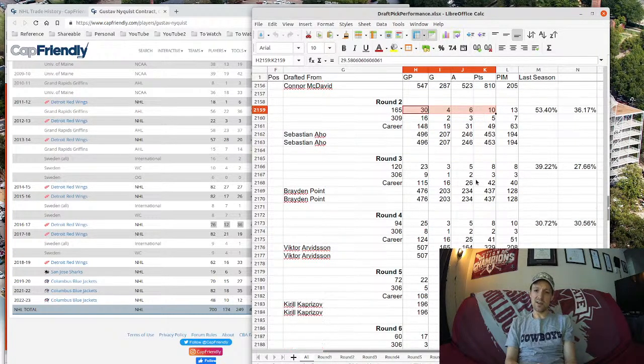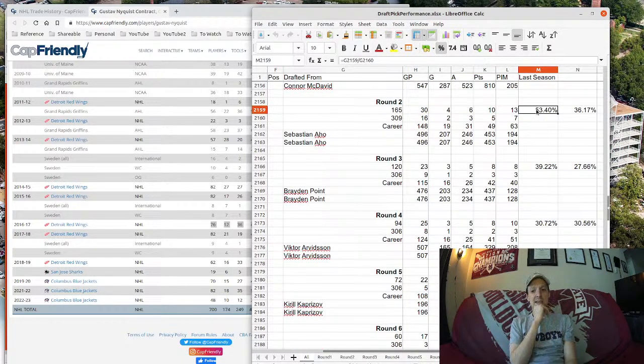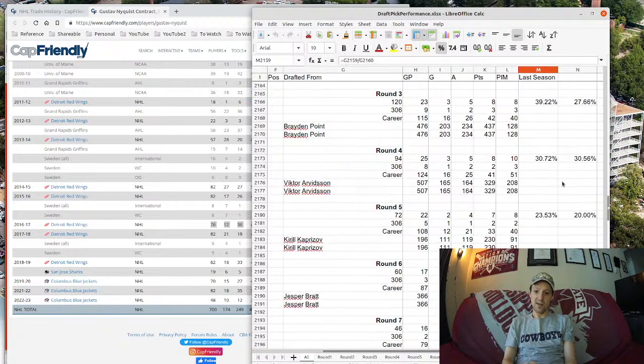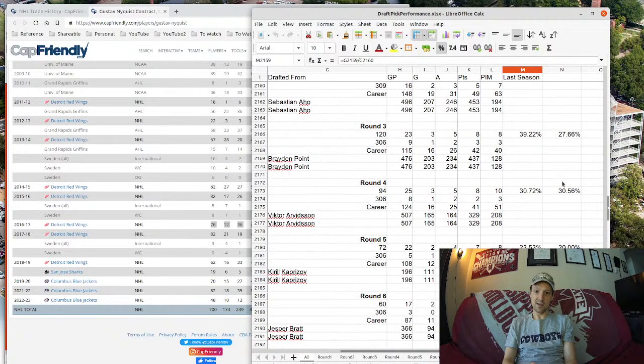Okay, so let's consider here a second round pick. Basically, what if all the performance is essentially the same, a second round pick is equal in value to a third and a seventh. So 39.22 plus 15 is 54%. Oops.